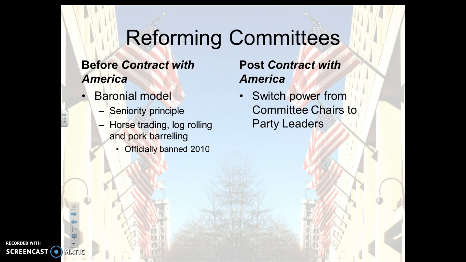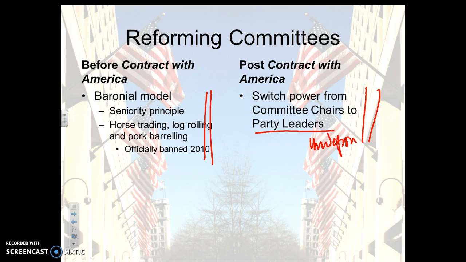So we've switched that, and post-Contract with America, again, this was the Newt Gingrich idea for reforming the House of Representatives, we saw an attempt to switch power from committee chairs to party leaders. Arguably this is one reason why nothing gets done anymore, because whereas these committee chairs had real power, both hard and soft, we should know that party leaders relative to committee chairs are dramatically underpowered.